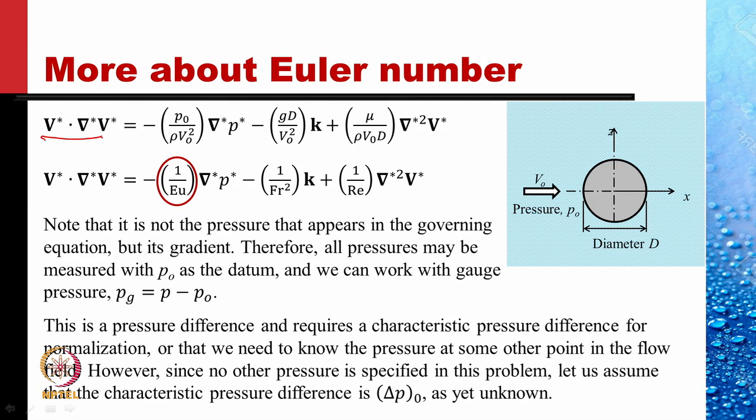However, since no other pressure is specified in the problem, let's assume that the characteristic pressure difference is delta P0, as yet unknown. We'll discuss what the value of delta P0 should be later.